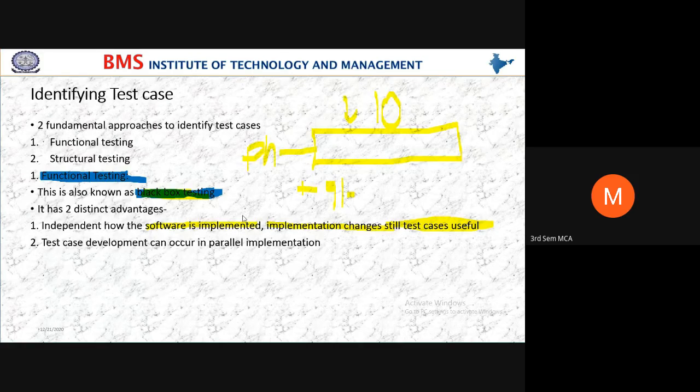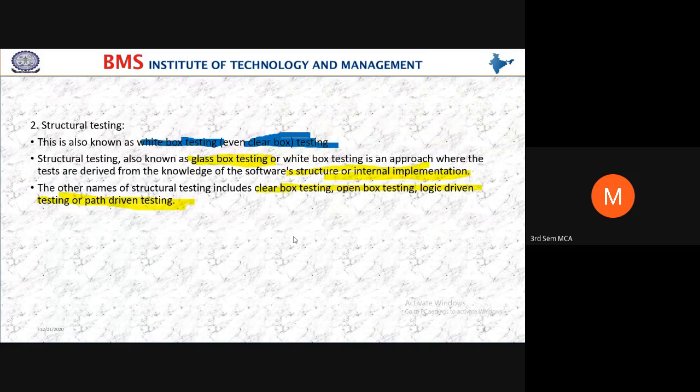And this is structural testing. The structural testing is also known as clear box testing, white box testing, glass box testing, path driven testing. So many names are there. Don't get confused with the structural testing, students.